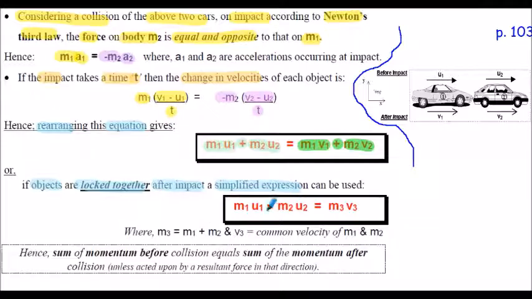So now we could write that m1u1 added to m2u2 is actually equal to m3 multiplied by v3, where m3 is actually the mass 1 added to mass 2, and v3 is the common velocity of the masses 1 and 2. So the first equation is more generic, and it assumes that the bodies after impact have different velocities. The second equation shown here assumes that the bodies after impact are locked together and so have a common velocity.